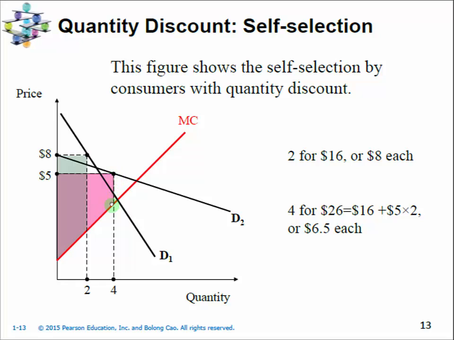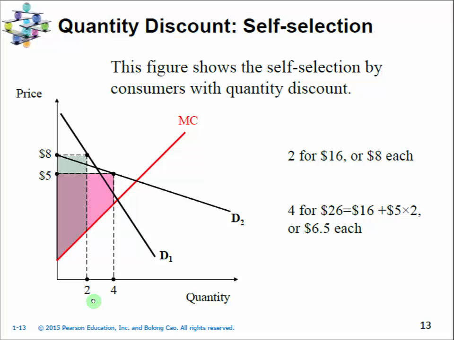So the firm generates more producer surplus from selling this larger quantity to the second group, even though this second kind of consumer has somewhat lower willingness to pay on the initial units. The first group of customers do want a little quantity of these goods, but they don't need extra units.